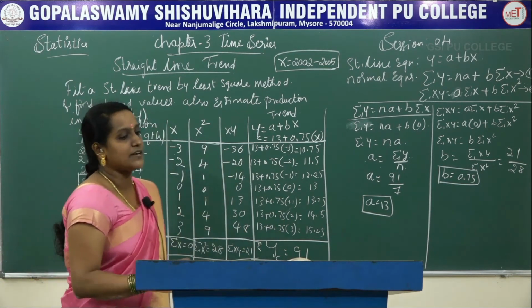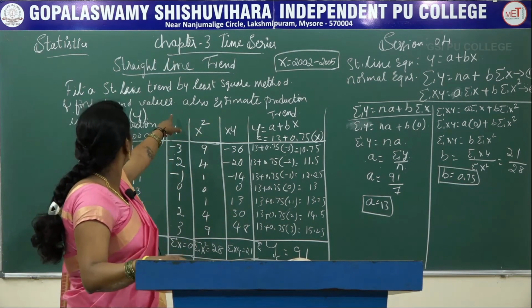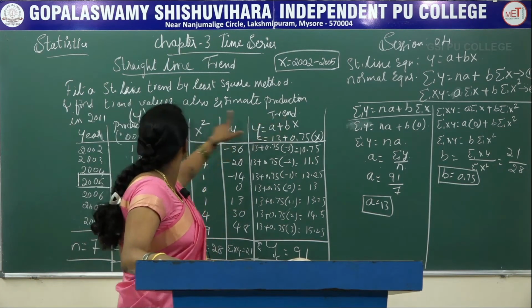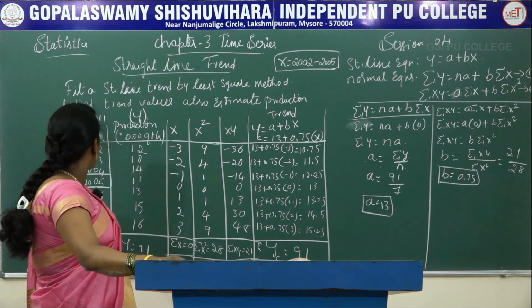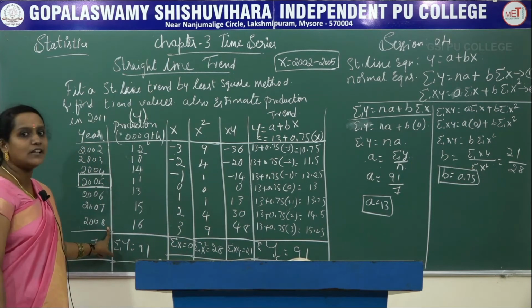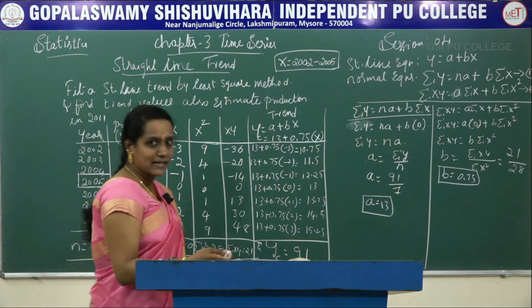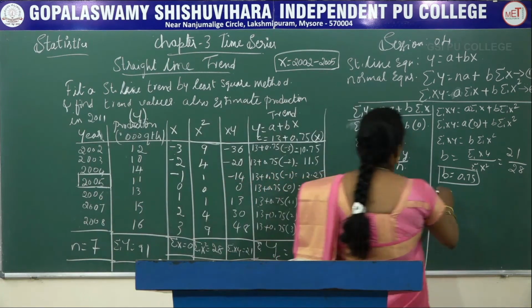After finding these trend values, the next step is to estimate the production in the year 2011. Here the data ended at 2008. For 2011 we have to calculate the production.